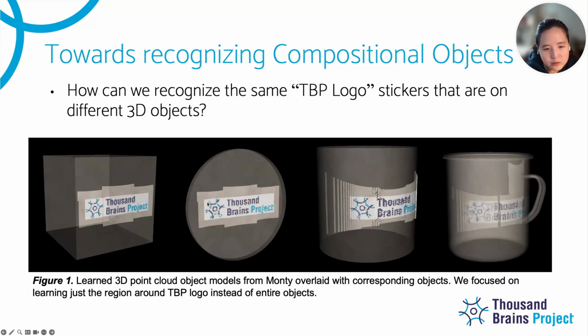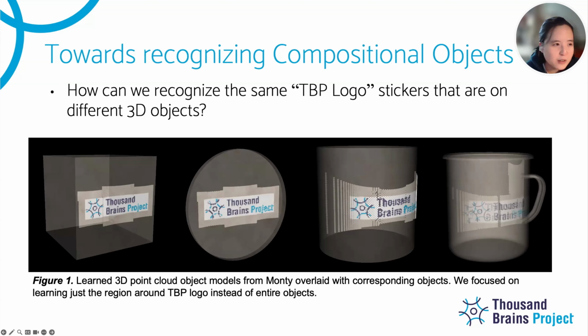But we would have some trouble generalizing to a curved surface like a cylinder or mug. I realize the mug isn't overlapping completely, but that's not an issue with the model. It's just my skill in visualization that is limited.